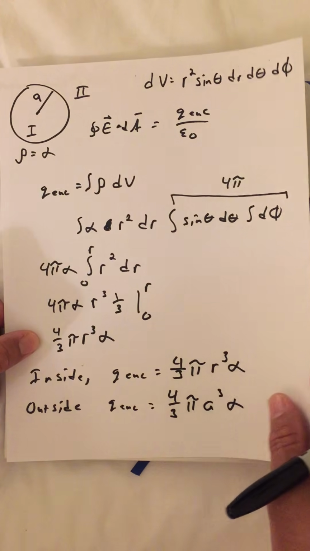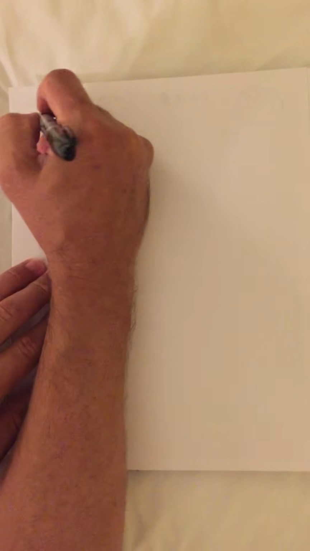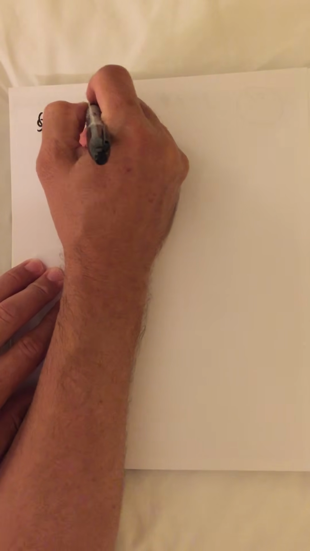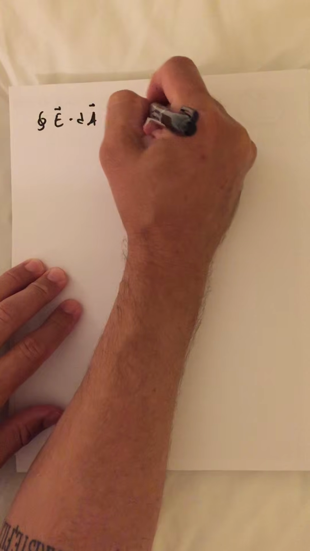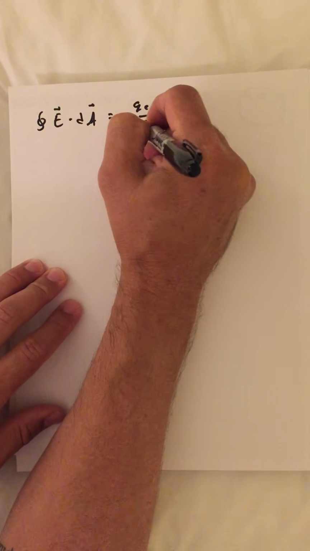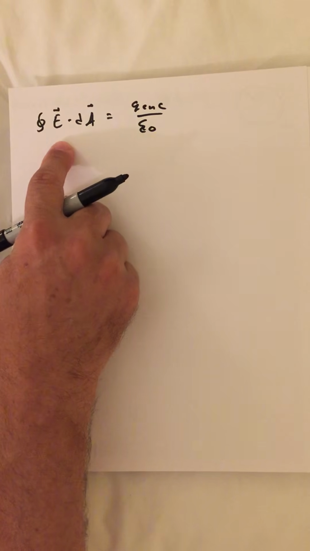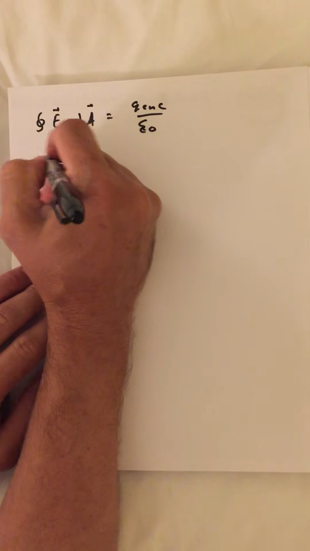All right. So with that background work done, I'll leave this to the side so we can look at it again. Let me get another sheet. Now we're in a position to actually evaluate this integral, or evaluate Gauss's law. So right here I have E dot dA is equal to Q enclosed over epsilon naught, right? Well, I think we've seen this enough at this point in this class to where I can skip these steps.